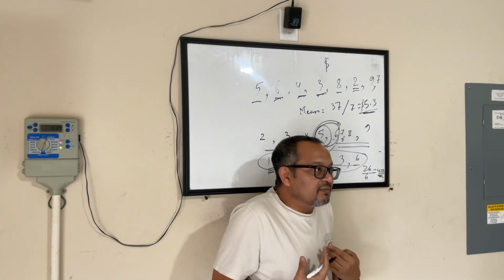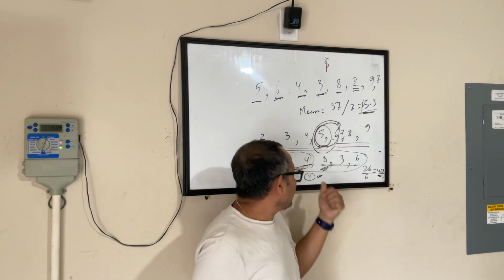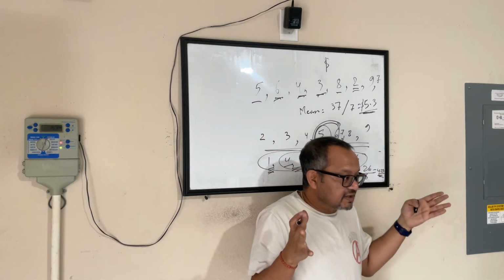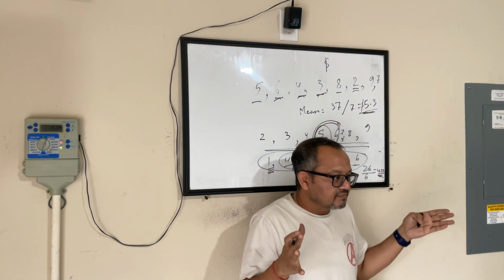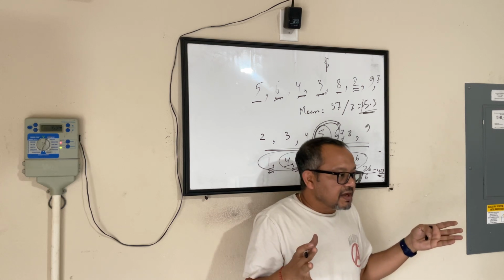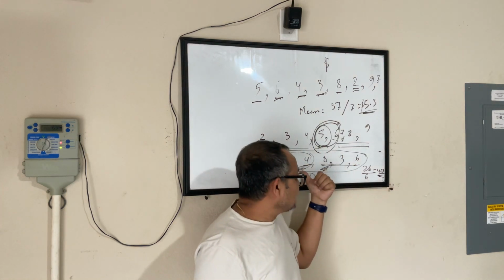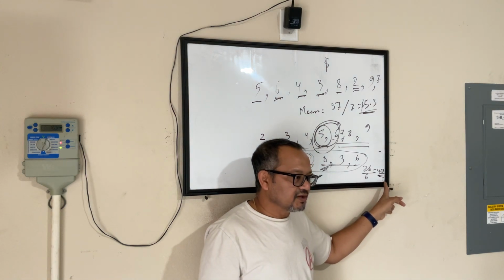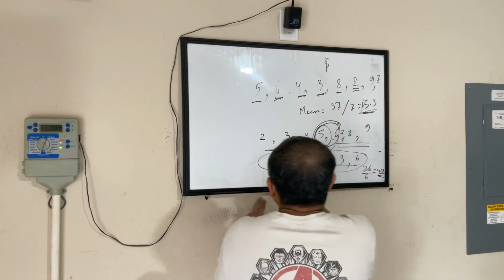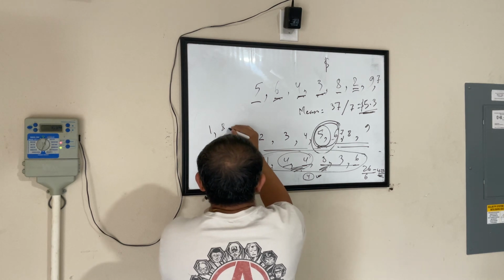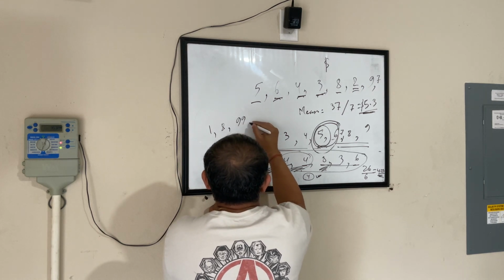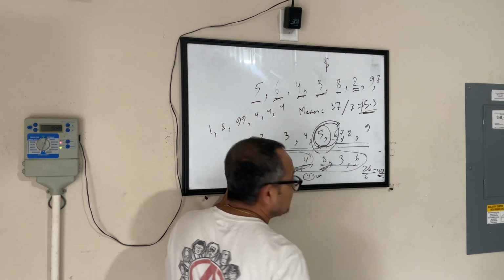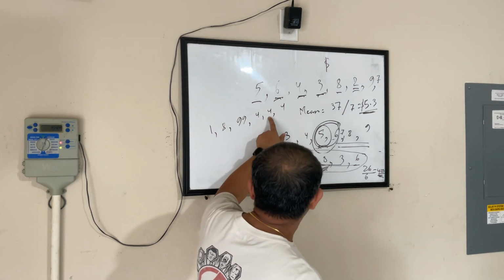So when you're looking at a mode, that is the most influential number in your set of data. Because that number will dictate what your average is going to be. If you're dealing with, let's say, 1, 8, 99, 4, 4, 4, your mode is 4.